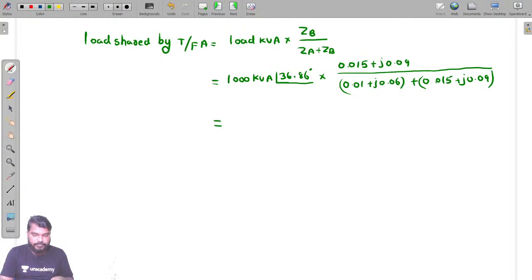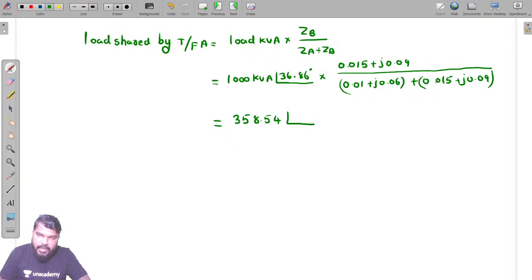Anybody got it? Simplify this, convert into polar form. Then finally you will get the load shared by transformer A. This is equal to 358.54 at an angle of 38.045 degrees.